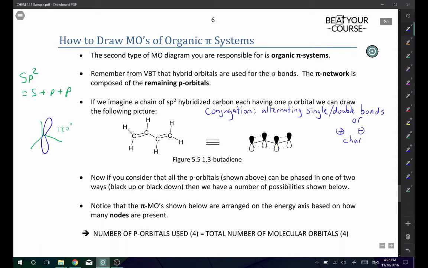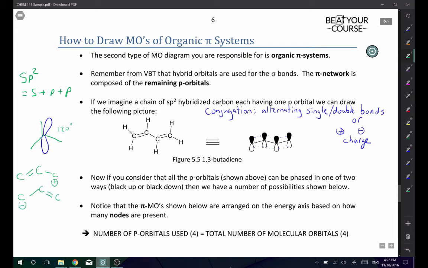So I want to zoom in on what I mean by positive and negative charge. I'm going to give some examples of conjugated systems which are perfectly allowed. So you can have this system. This is perfectly conjugated because you have a charge, single, and then double. You can also have this situation.